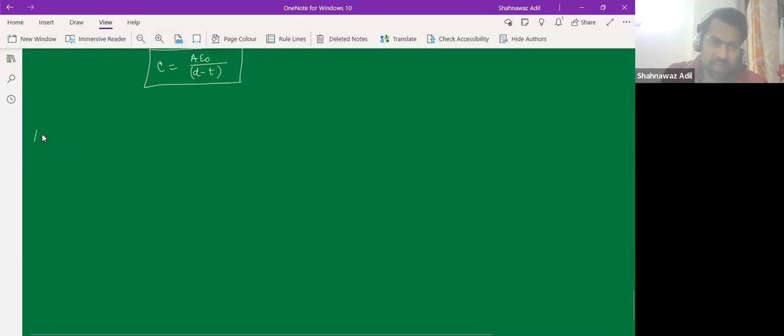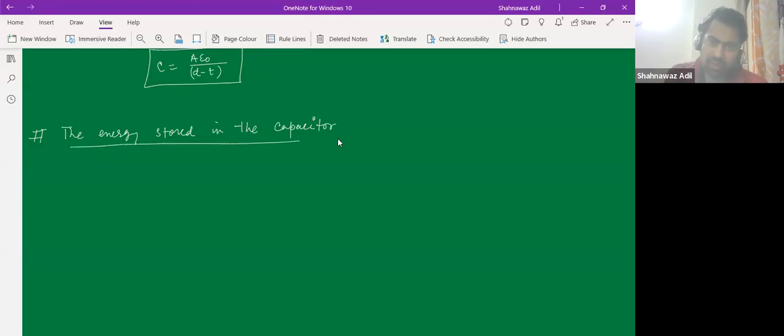So the energy, the ultimate idea of the capacitor is what? Energy stored, right? So, energy stored in a parallel plate capacitor. Whenever I'm drawing a capacitor, this is a parallel plate capacitor.